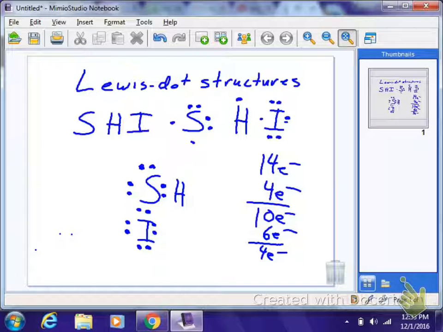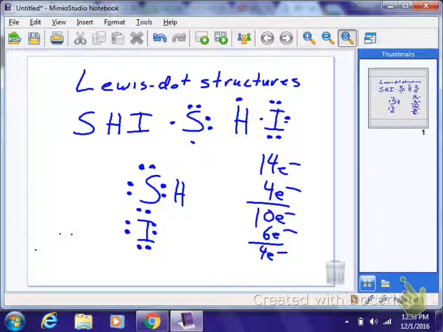If, after you're done with number 5, everything has 8 electrons around it, you're good to go. You're done. If you get to 5 and you notice that the central atom does not have 8 around it for some reason, and that'll be tomorrow, then what you need to do is you need to continue on and do number 6, but we won't do that today. We have an easy day. We'll just deal with showing these structures.